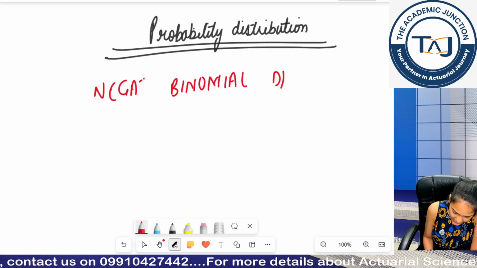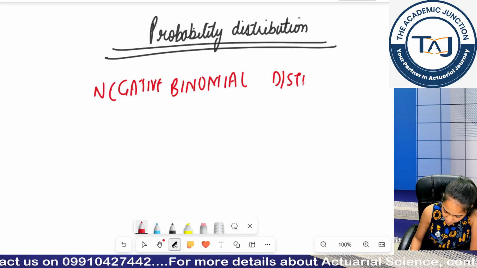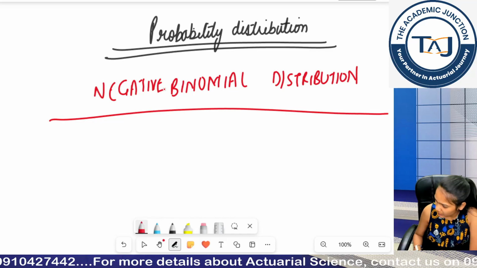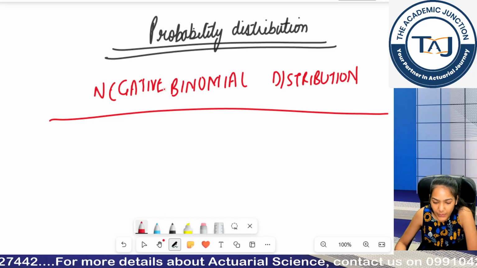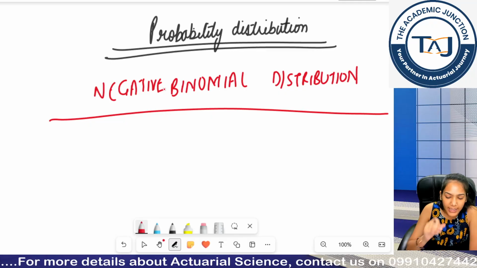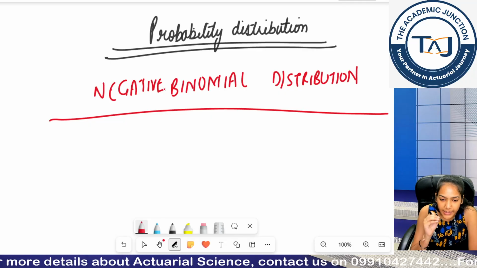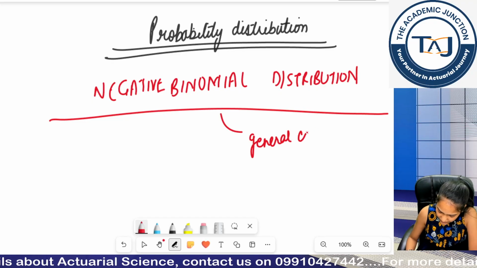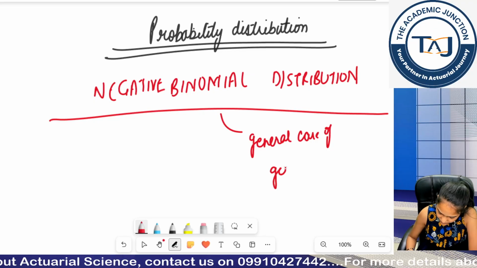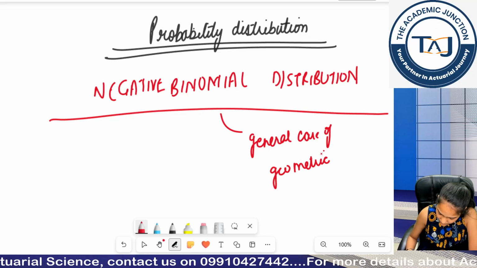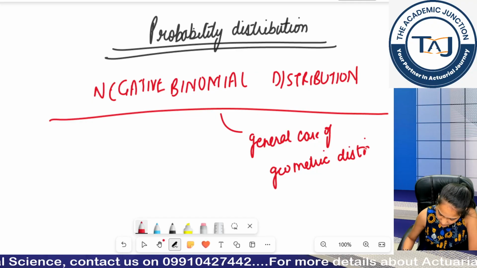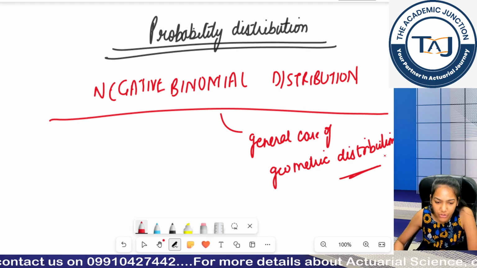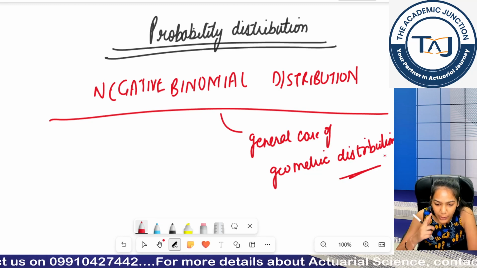So note down the heading, negative binomial distribution. Okay. Now in the last class we discussed that negative binomial distribution is a general case of geometric distribution. Right, or I can say my geometric distribution is a special case of negative binomial distribution.